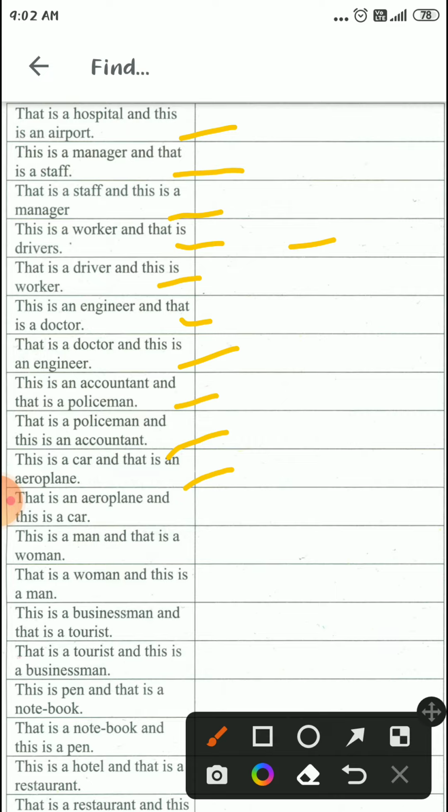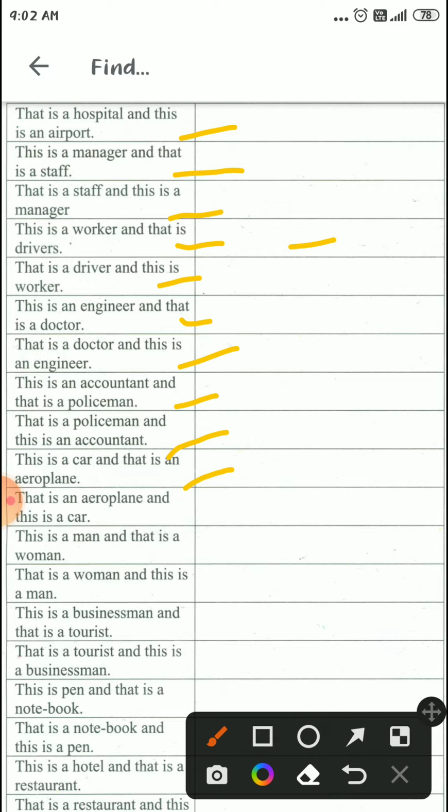So we have to use تلك for aeroplane. Aeroplane means طائرة. Because both car and aeroplane are feminine, we have to use feminine pronouns.